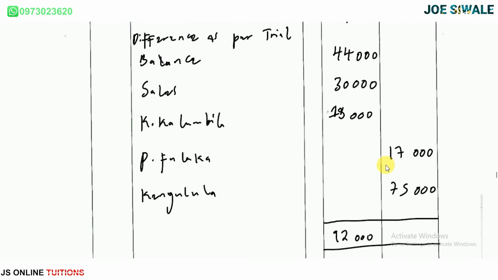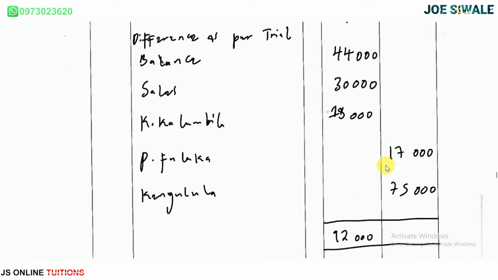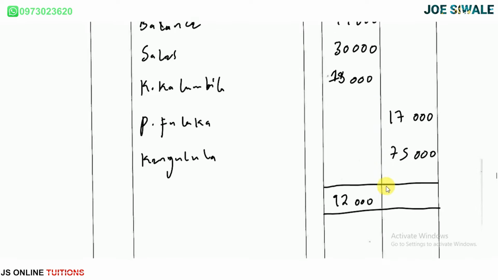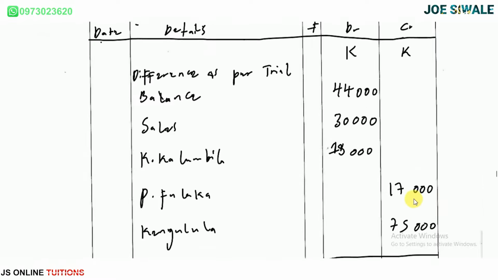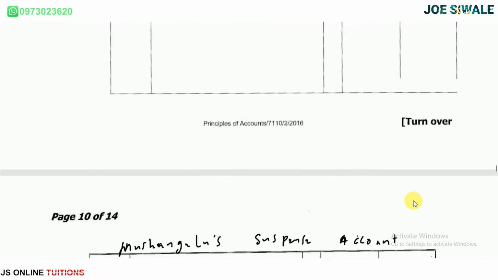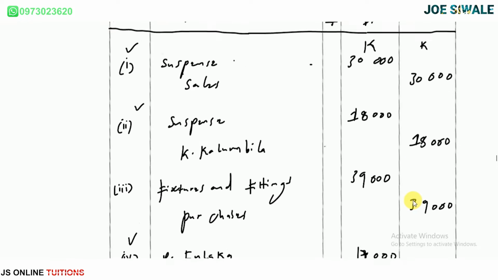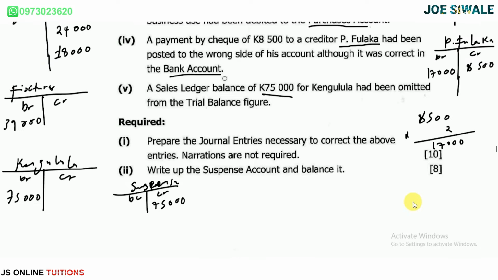We only have 17,000 plus 75,000, and the answer there is 92,000. As you can see, the debit side has balanced with the credit side, and you can say the suspense account there is correct. So that's how you can write up the journal entry and the suspense account.